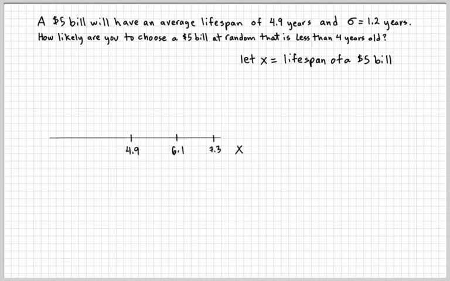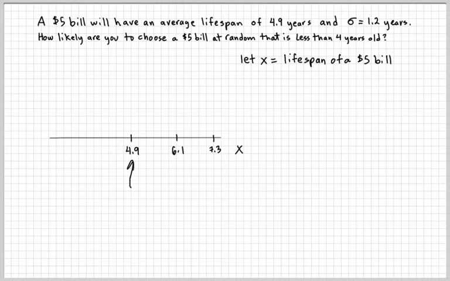Okay. Next thing we need to do is to draw our normal distribution. And the problem most likely will say, hey, this is a normal distribution problem, somewhere. All right, another thing too, again, we need to write out the spread of the data.